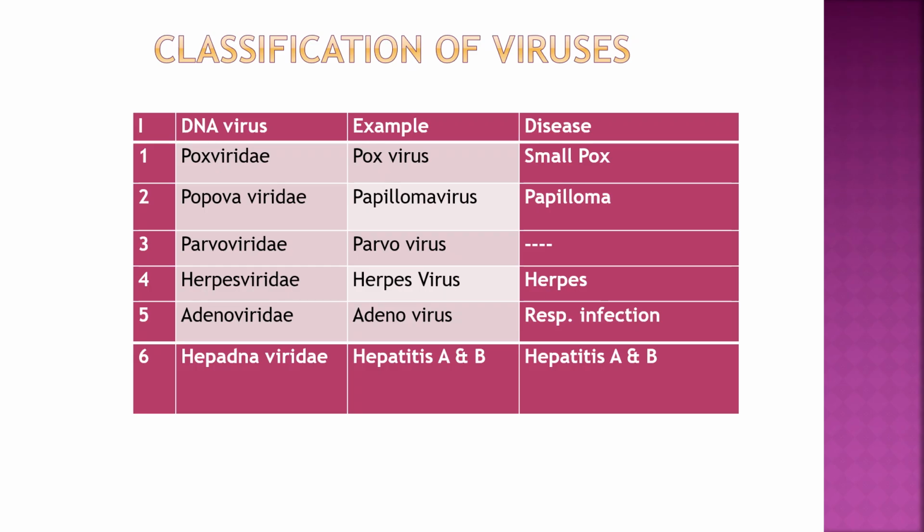Papovaviridae, example is papilloma virus, and the disease is papilloma. Parvoviridae, example is parvovirus. Herpesviridae, example is herpes virus, and the disease is herpes. Adenoviridae, example is adenovirus, disease is mainly respiratory tract infection. Hepadnaviridae contains hepatitis B virus, and it causes hepatitis.